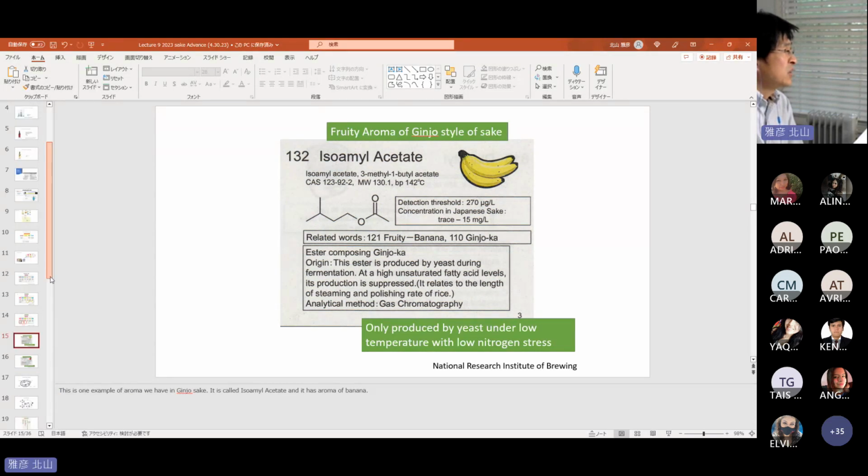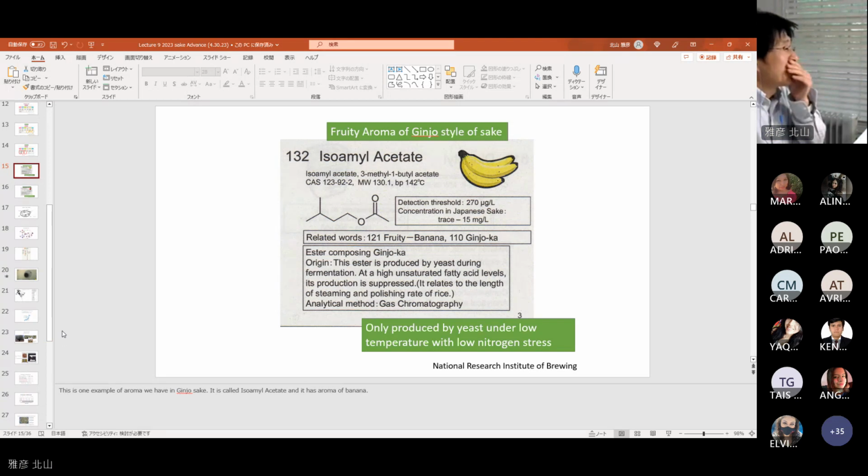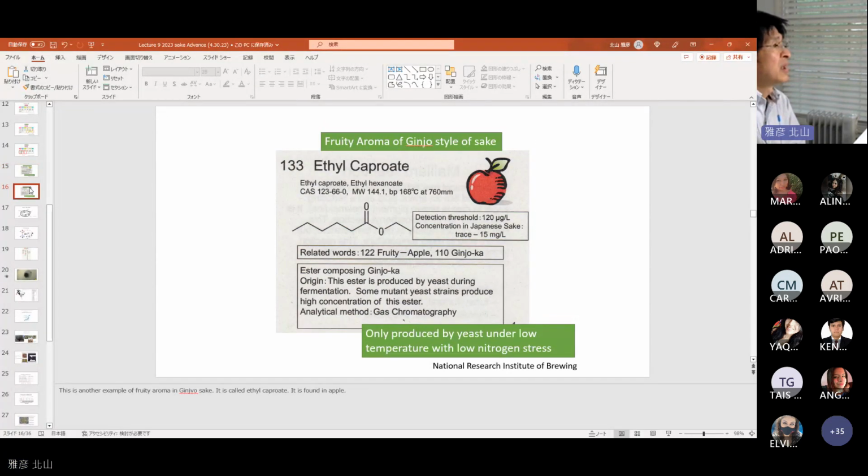So I will try to explain. This has aroma from banana, isoamyl acetate, or ethyl caproate, which is aroma from apple. So these are compounds yeast produce when making sake.